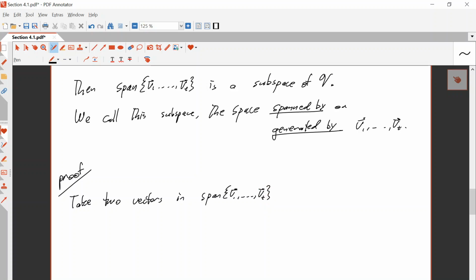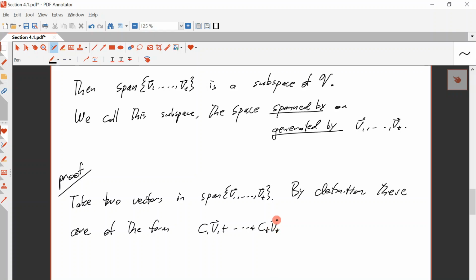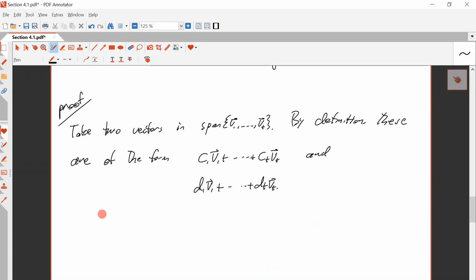Now, every vector in the span is, by definition, a linear combination. So these are of the form C1 V1 plus ... plus CT VT, and D1 V1 plus ... plus DT VT. So when you add them, this is number 1.